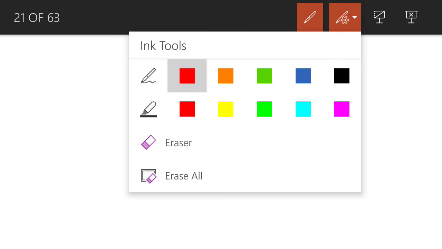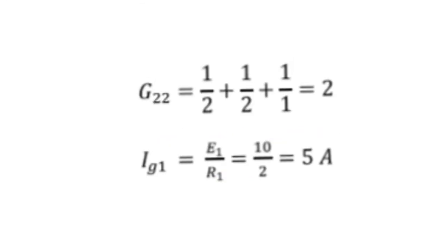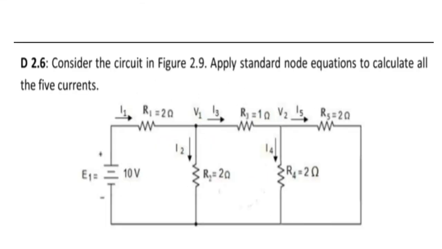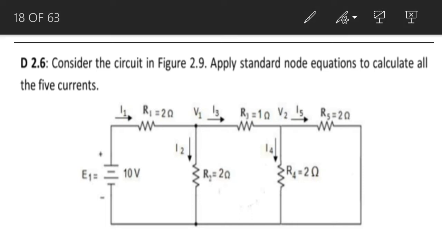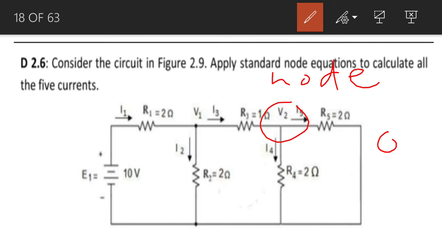For Ig2, we consider the source that has been connected to the second node. You see, here is the second node, and no voltage source or current source has been connected to this node. So the voltage of the voltage source connected to the second node is 0. 0 divided by any resistance will give you 0.